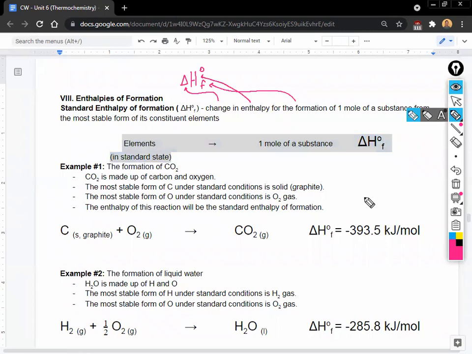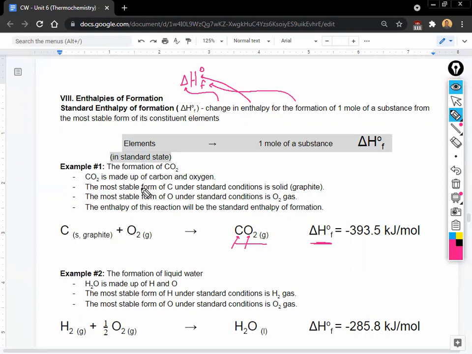Okay, so we're going to be talking about right here the enthalpy of formation for CO2, okay, carbon dioxide. Carbon dioxide, if you guys notice, is made out of carbon and it's made out of oxygen, right? So basically, the enthalpy of formation is telling us how much energy is used or produced in order to make CO2 from its most stable forms of the elements that make it up.